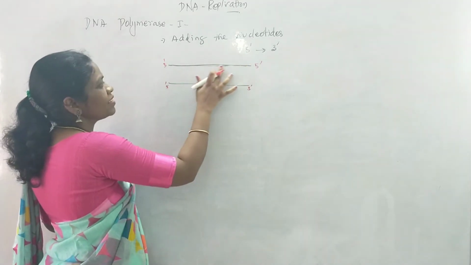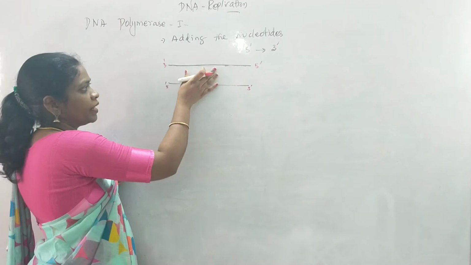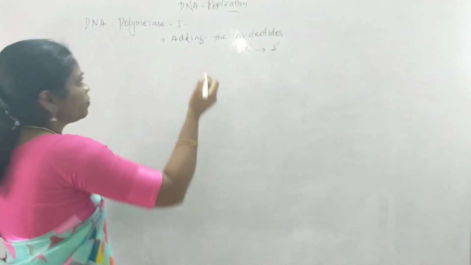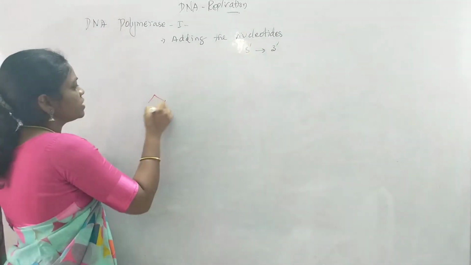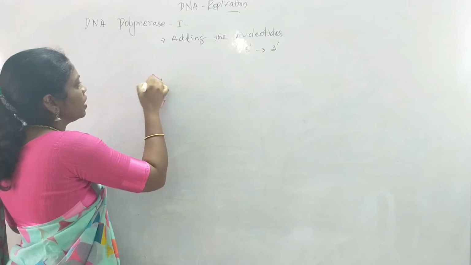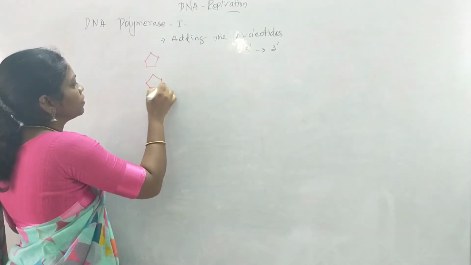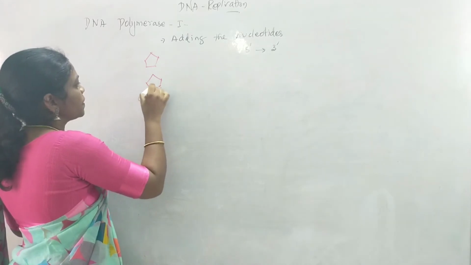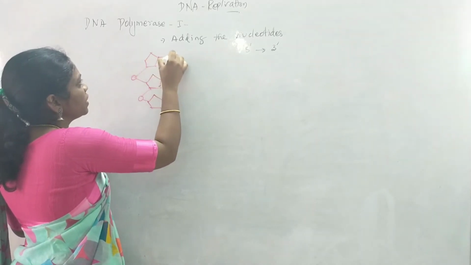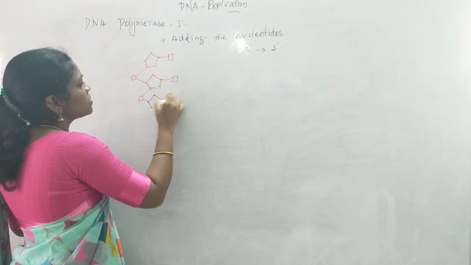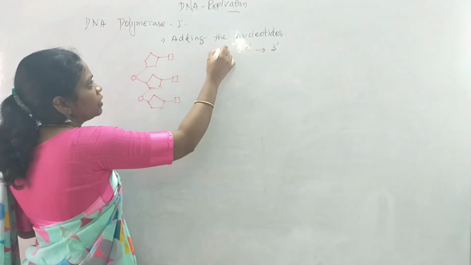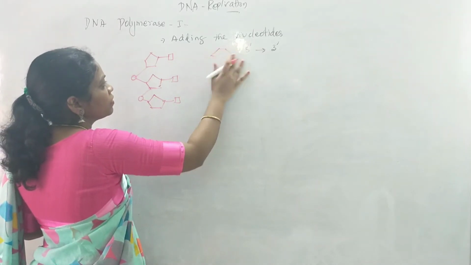These two strands are separated. When we see the arrangement of nucleotides, they are arranged in this way: again the phosphate group, how it has been connected, and here the nitrogenous bases, in the opposite direction.